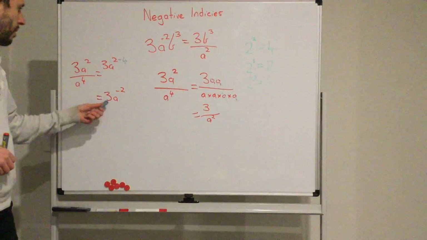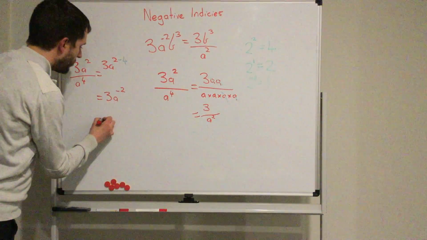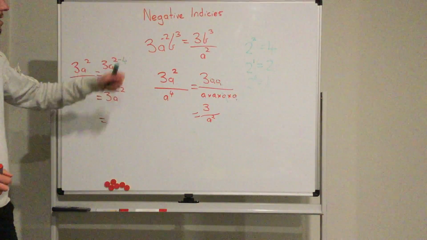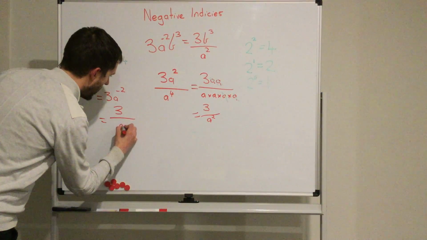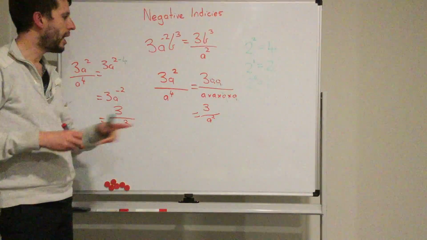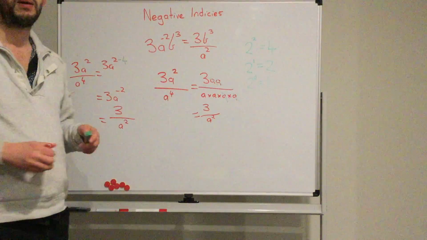Exactly the same, but because this is negative, I'm just going to take the negative indice down underneath the line. So I've got 3 over a to the power of 2, and I got the exact same answer.